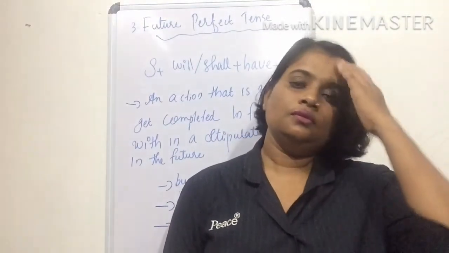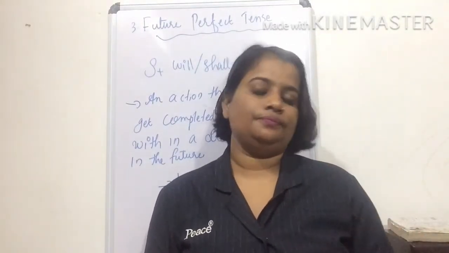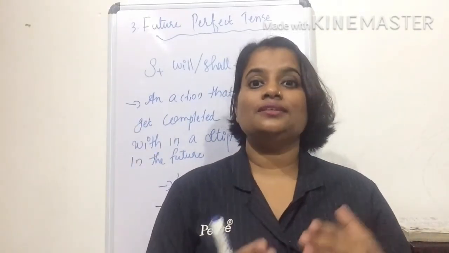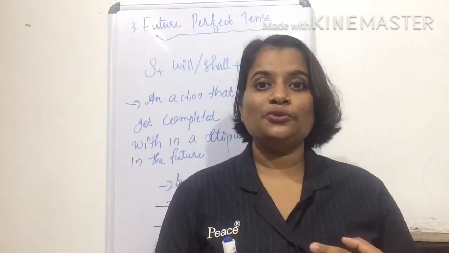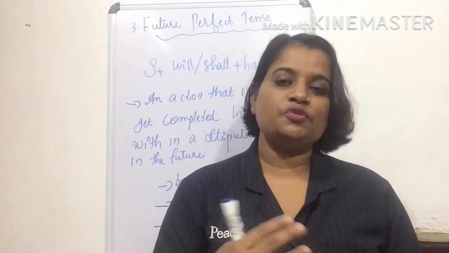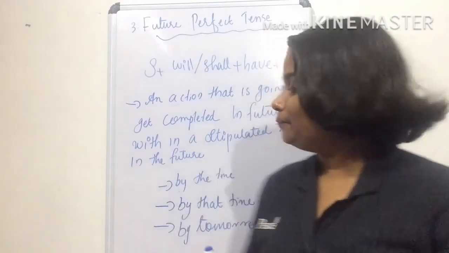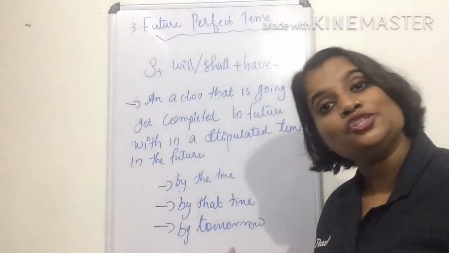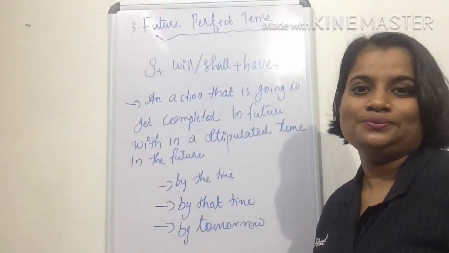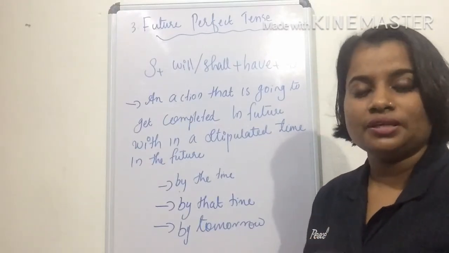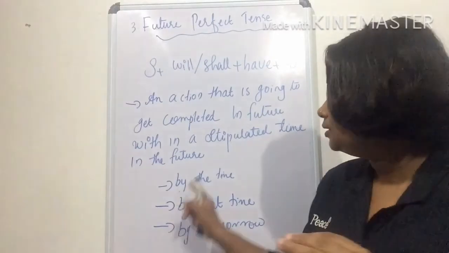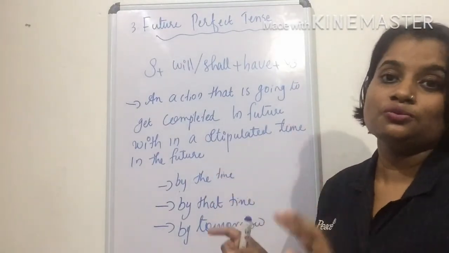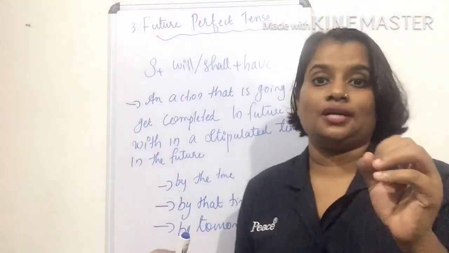I will have submitted the assignment before September, or I will have submitted the assignment by tomorrow. Do you understand? Because you want to point out a stipulated time in the future. You need to point out a specific or stipulated time.